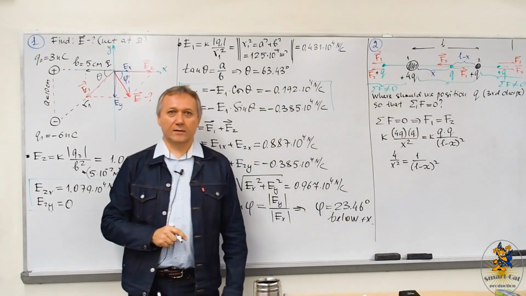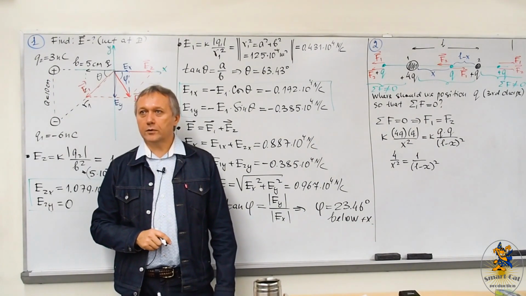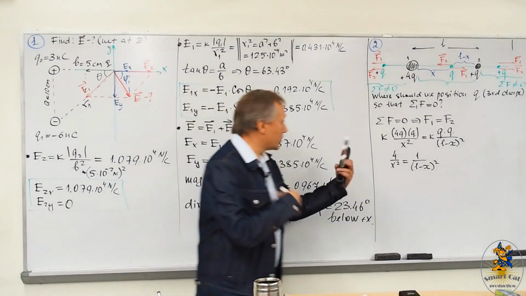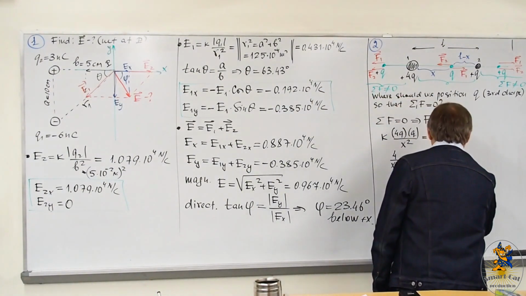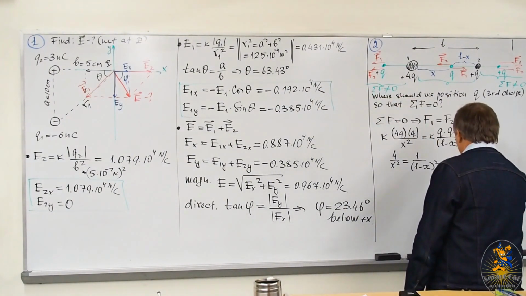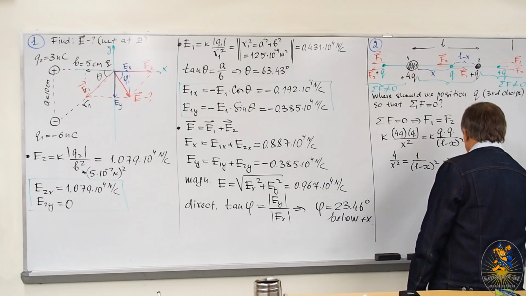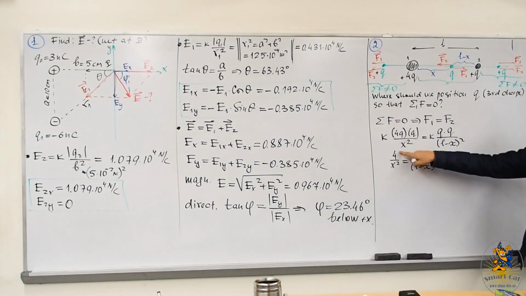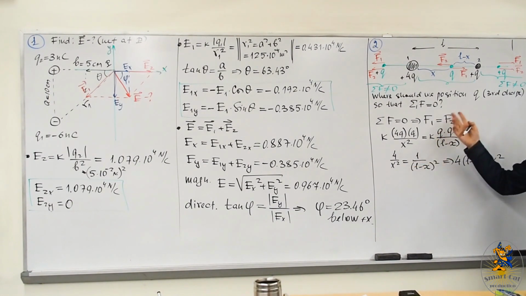I just first canceled all constants, right? K and Q squared. Now let's write it in a better way. So it will be 4 times (L minus x) to the power of 2 equals x to the power of 2. I just multiplied this and that, this and this, basically proportions.